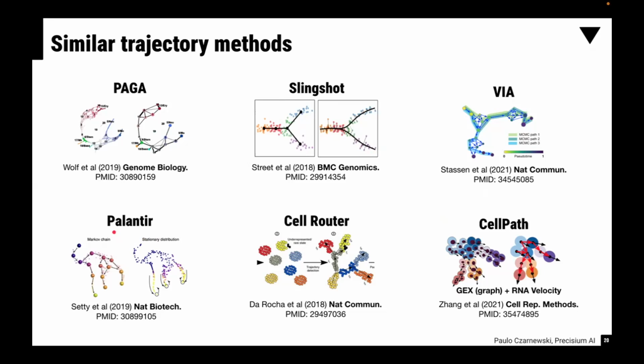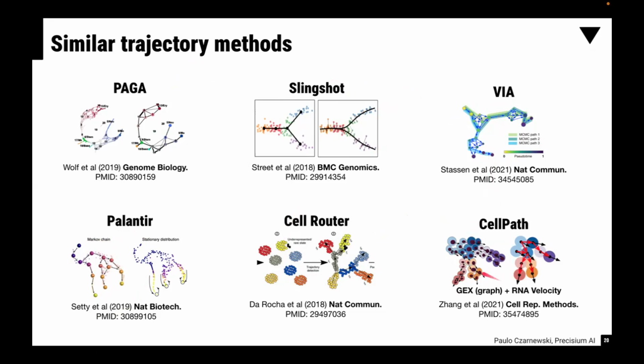There is another one that is based on Markov chains of trajectory as well. CellRouter is a very similar process. VIA is also used very similarly to PAGA. You have a graph-based approach, and you also add a little bit of RNA velocity to try to infer where it starts. The same thing with CellPath.